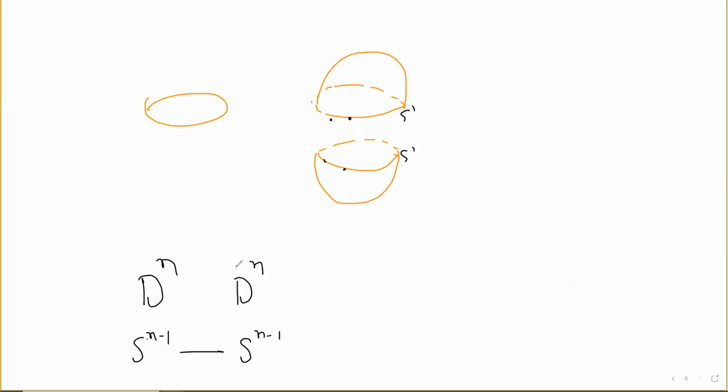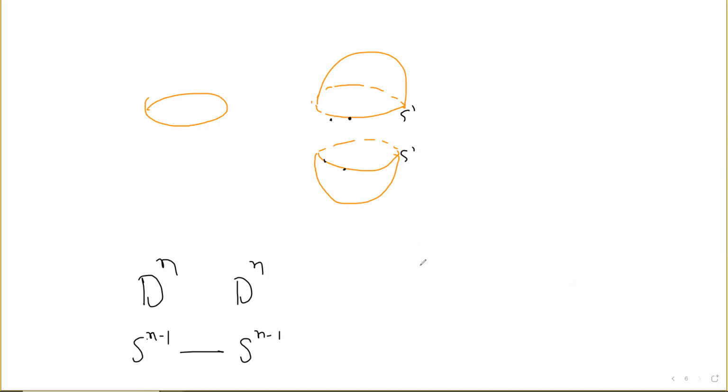And you may think, why are you building Sn by using two copies of Dn? What could be the advantage of that? I think that is the more pertinent question.